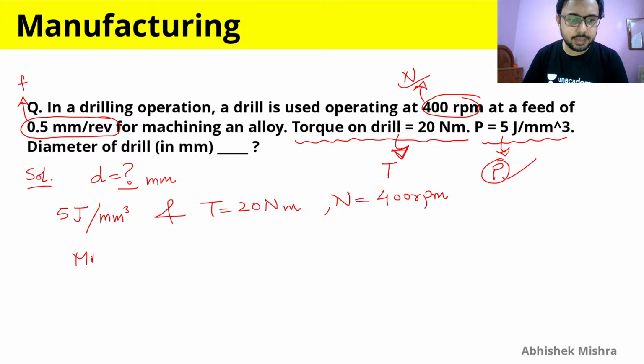So we will find the material removal rate, and after that we will find the diameter of the drill using that value.